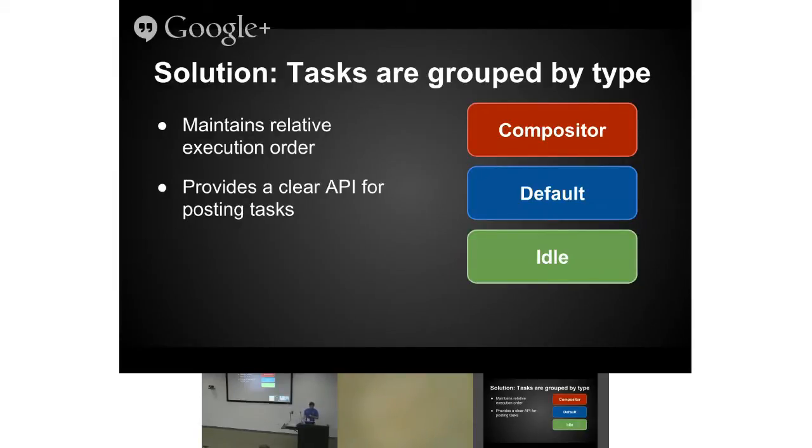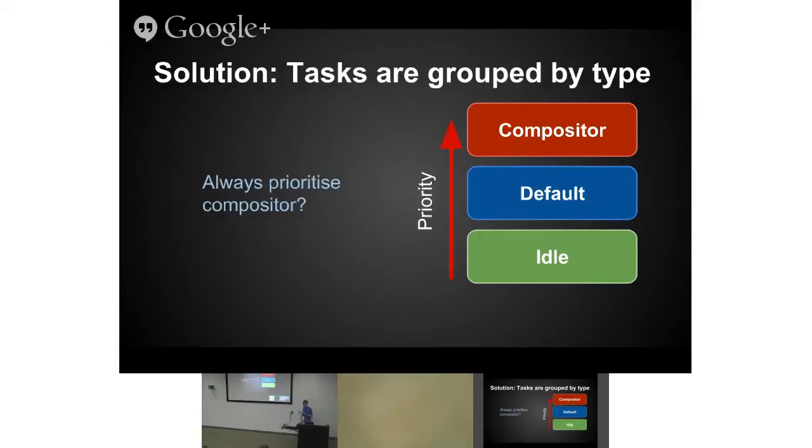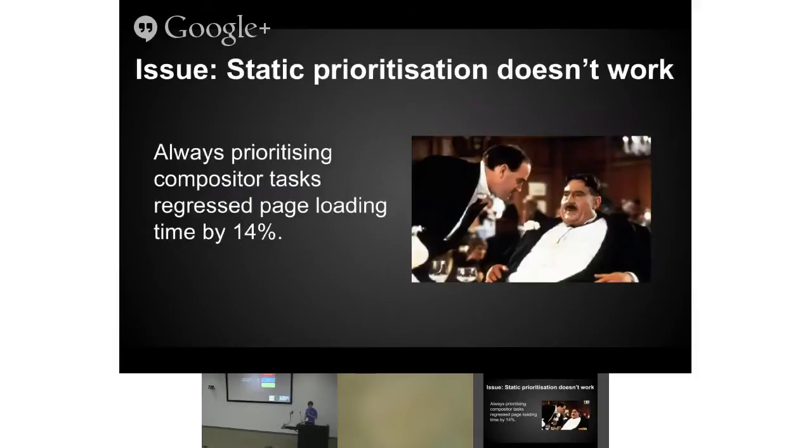So the next obvious question is, how do you prioritize between these queues? Should we say that compositor work is always most important? I mean, it seems reasonable, and that's actually what we started with. But it turns out you can't really do that. The problem was that we were regressing page load times by a significant amount.